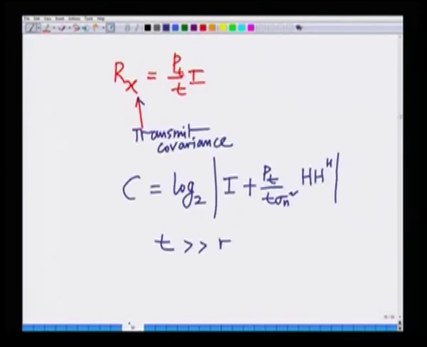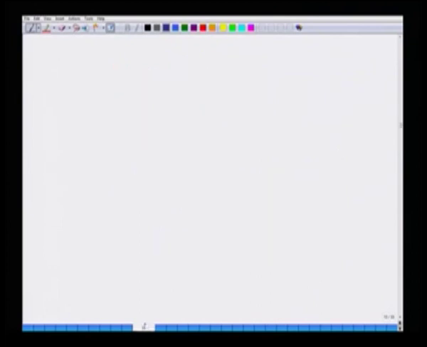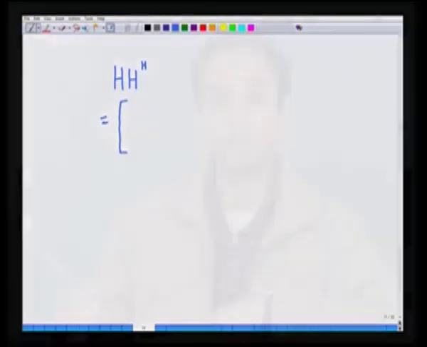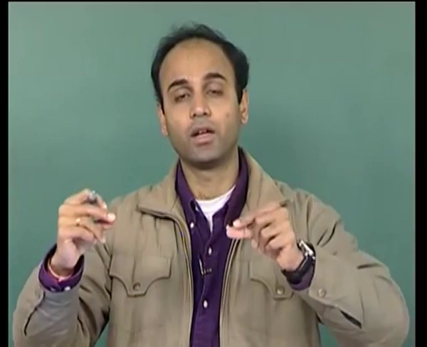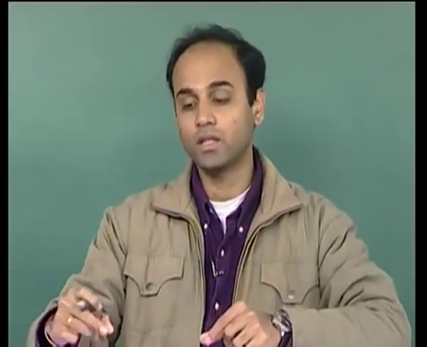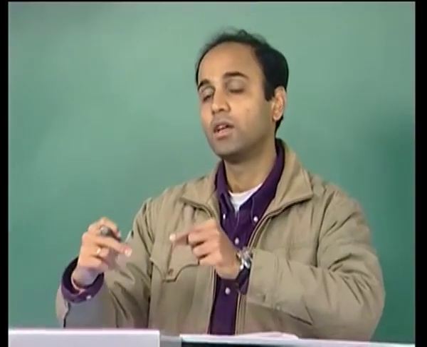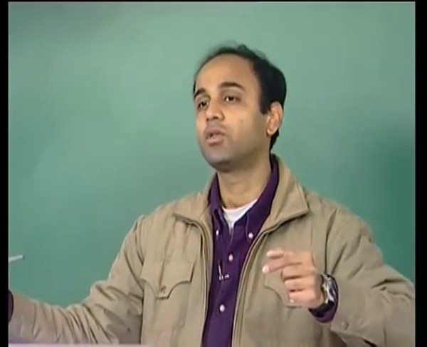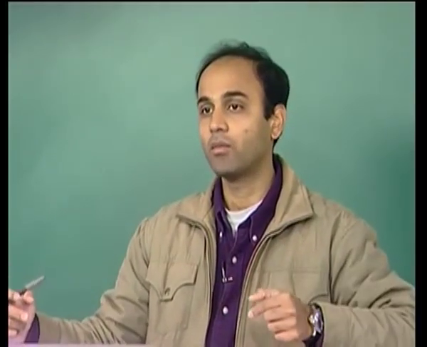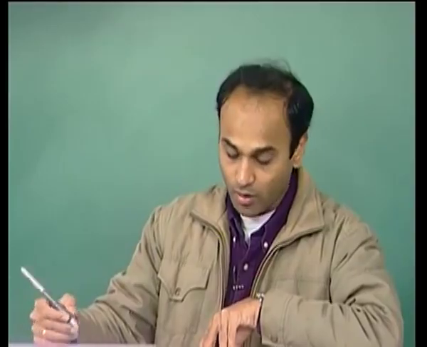What we have in that case is, let me look at the structure of this matrix H H Hermitian. Now remember R is much smaller than T, or T is much greater than R, which means there are many more columns than there are rows, which means the size of each row is fairly large compared to the number of rows.